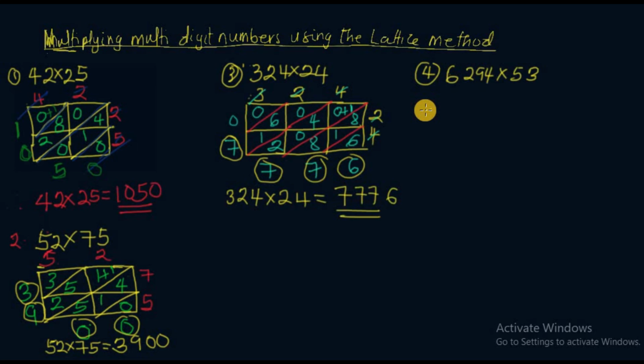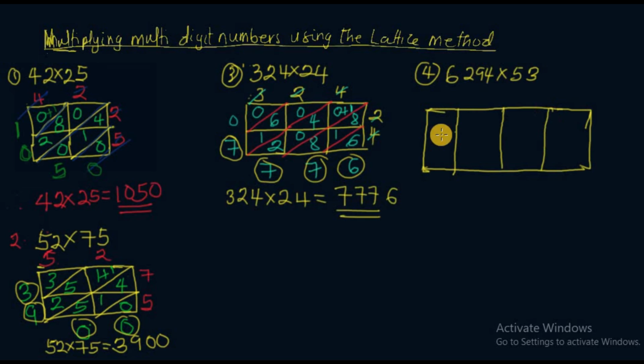We have this 6,294. Obviously, we have 4 columns, but still maintain 2 rows: 6, 2, 9, 4.